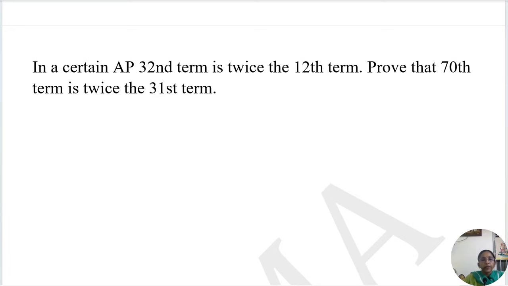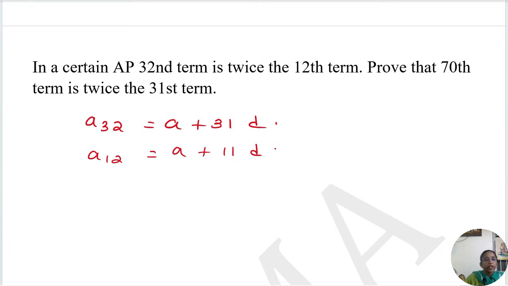In a certain AP, the 32nd term is twice the 12th term. Prove that the 70th term is twice the 31st term. So now our 32nd term, A32, is equal to a plus 31d, and the 12th term is a plus 11d.